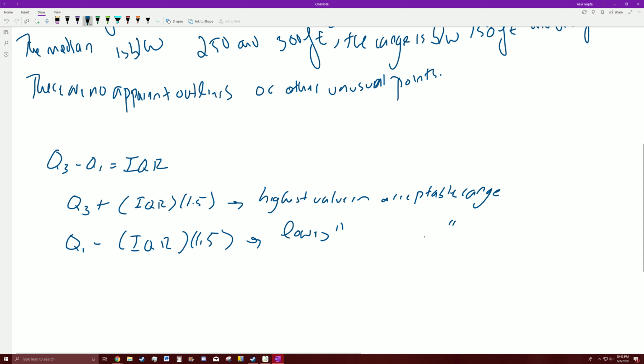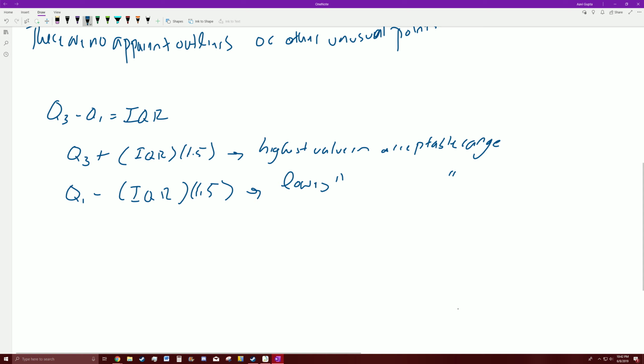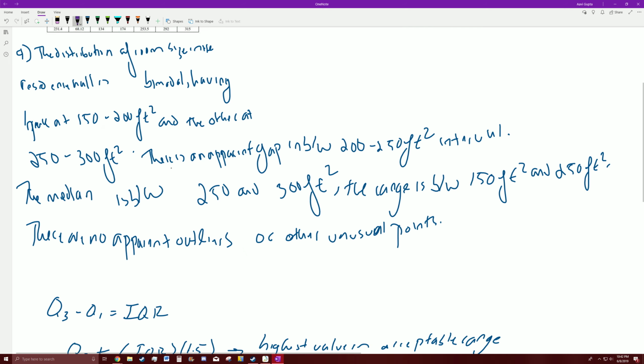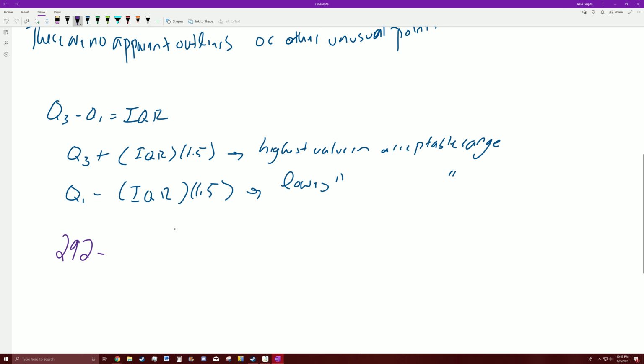Okay. So now let's plug in the actual values. Our Q3 is 292. So 292 minus Q1, 174, is going to equal 118, which is your IQR.